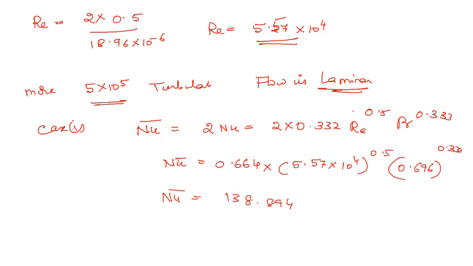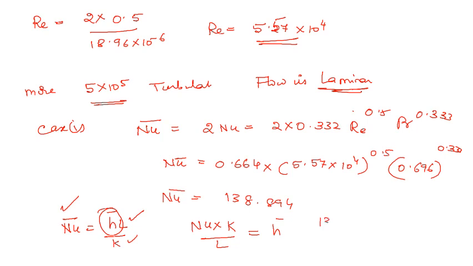Once the Nusselt number is found, my next step is that Nusselt number is equal to HL by K. Since I have used the average, I am supposed to use the average H value. Since Nusselt number, L and K are known, I can use Nusselt number into K by L to get the H value, the average value.